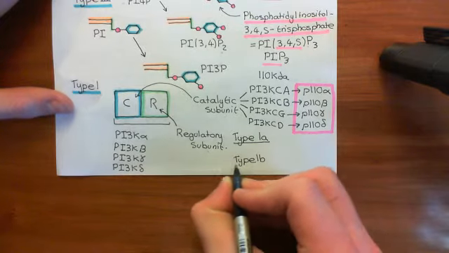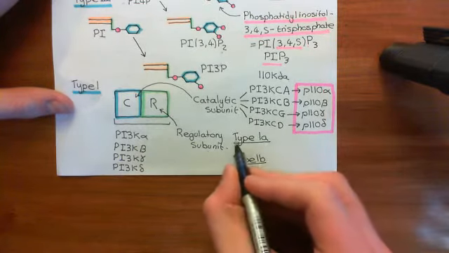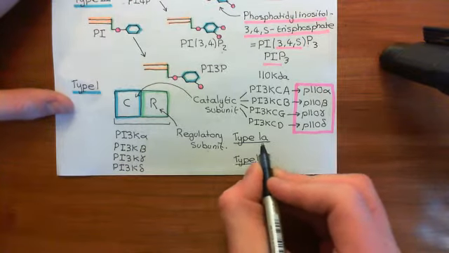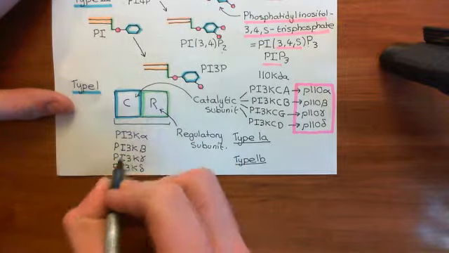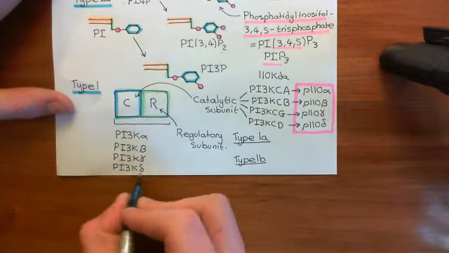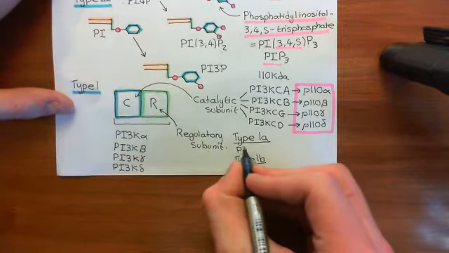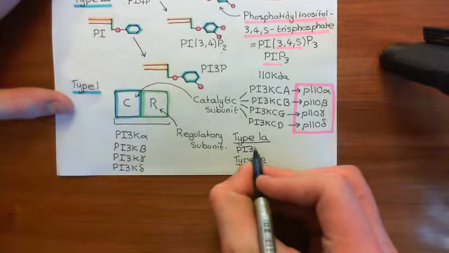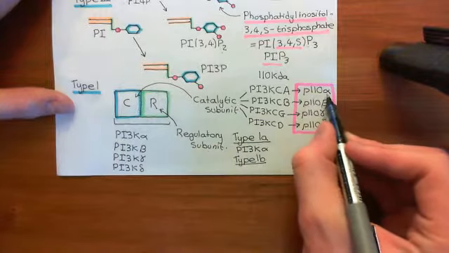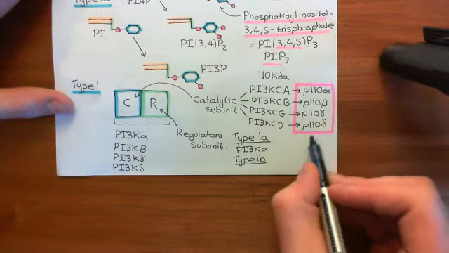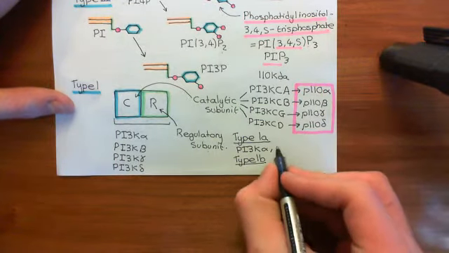Okay, so the type 1A phosphoinositide 3-Kinases include the Pi3-Kinase alphas, the Pi3-Kinase betas, and the Pi3-Kinase deltas. Okay, so the phosphoinositide 3-Kinase enzymes which have as their catalytic subunit either P110 alpha, P110 beta, or P110 delta.